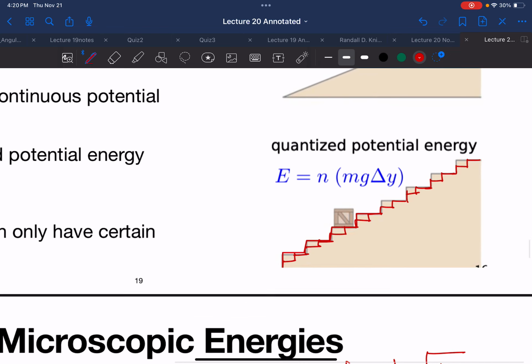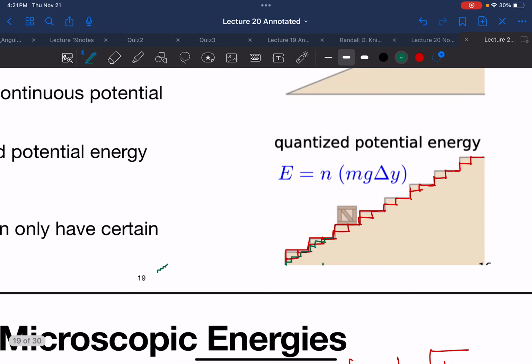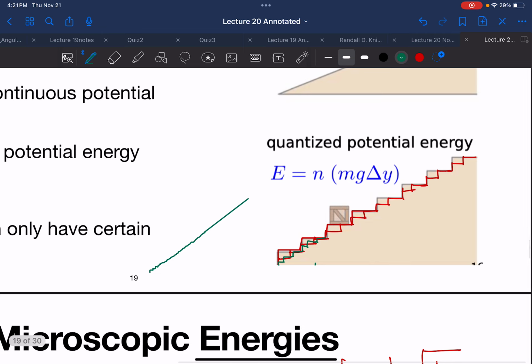Then let me split each step into thirds. So this is going to be a little harder to draw, but imagine making these steps smaller and smaller. Eventually, as I try to draw the steps, my next step up is so tiny that this is starting to look like a continuous height, basically.